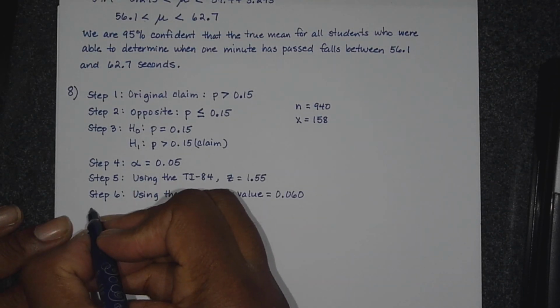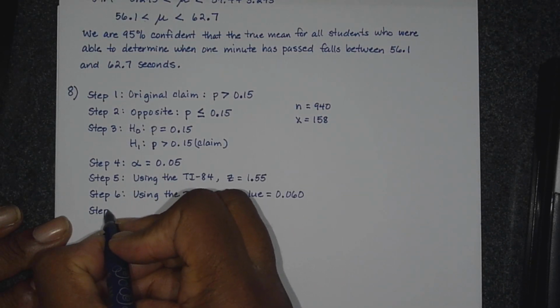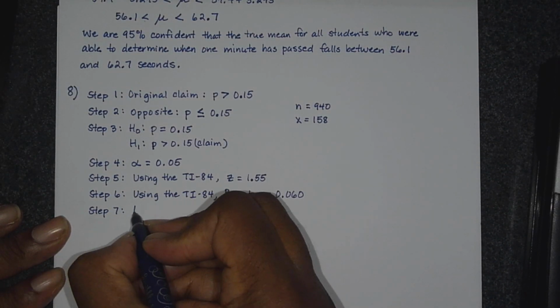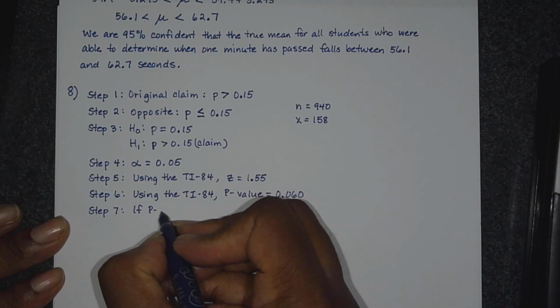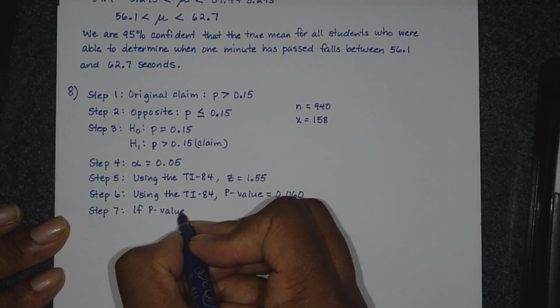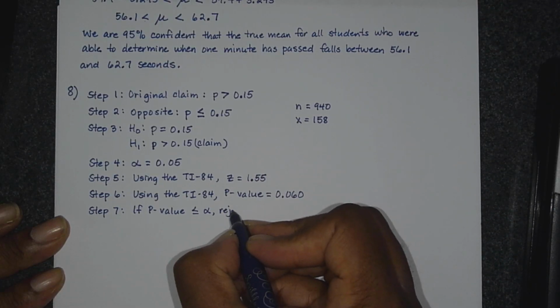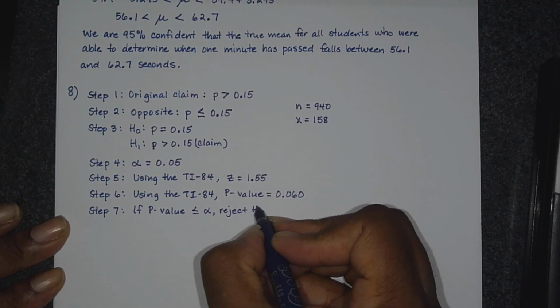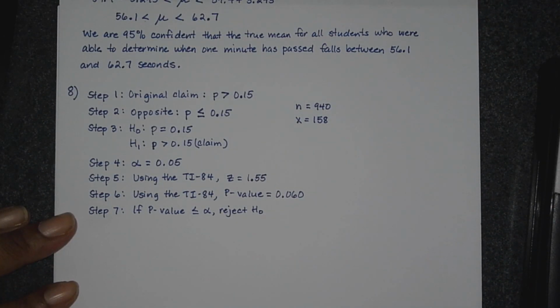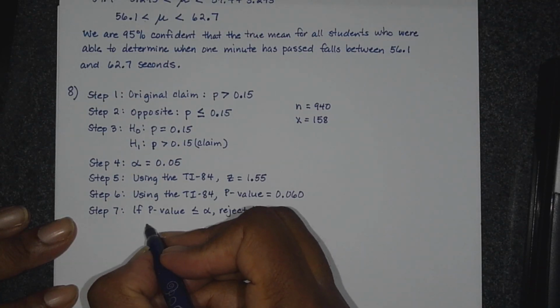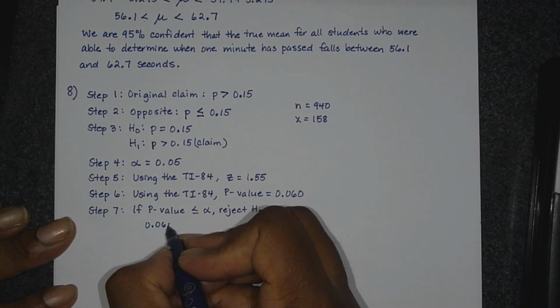And then step number 7 is our decision rule. And that's always this: if the P value is less than or equal to alpha, your significance level, you reject the null hypothesis. And the P value is 0.060.